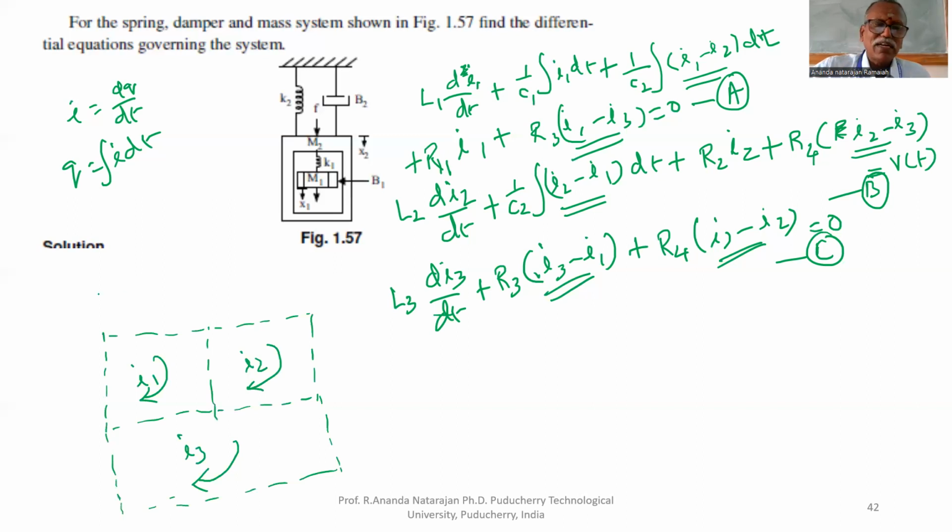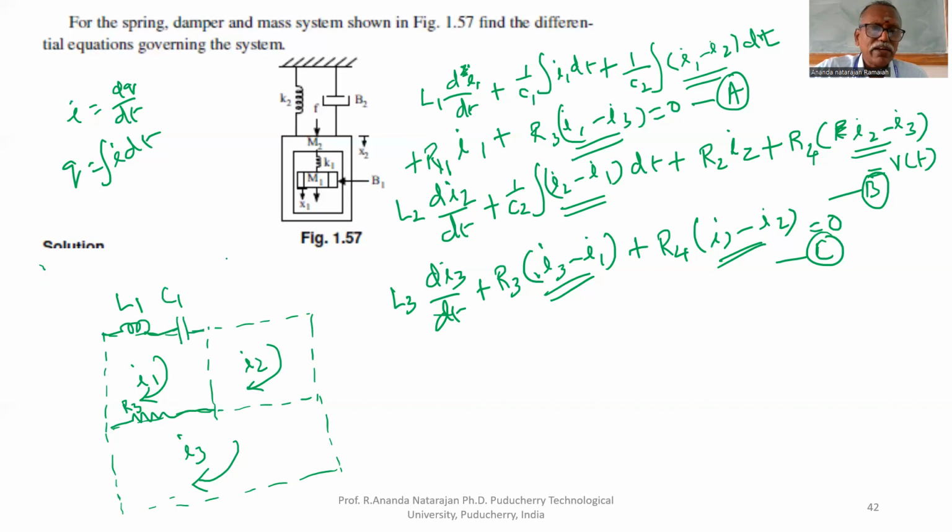So L1 is in the first loop only. Therefore, we can draw L1 here in the first loop. R3 is between I1 and I3, R3 is here. C1 is in I1 only.